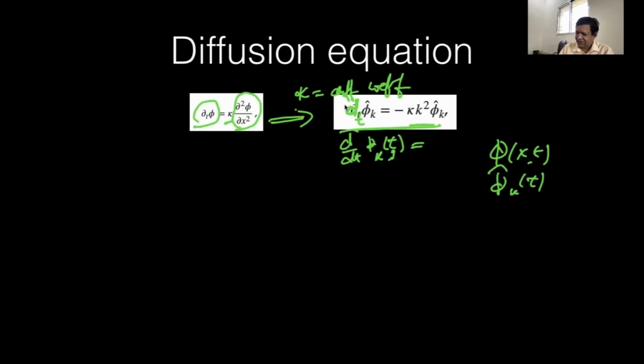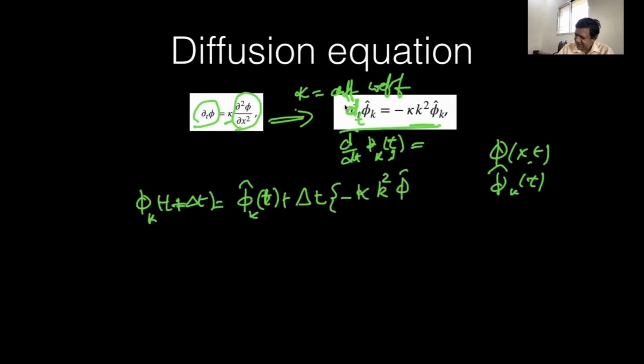If I use, let's say, the Euler method, then it's going to be phi k at t plus delta t equal to phi k at t plus delta t times the right hand side, so minus kappa k squared phi k. This is Euler explicit, or Euler forward.